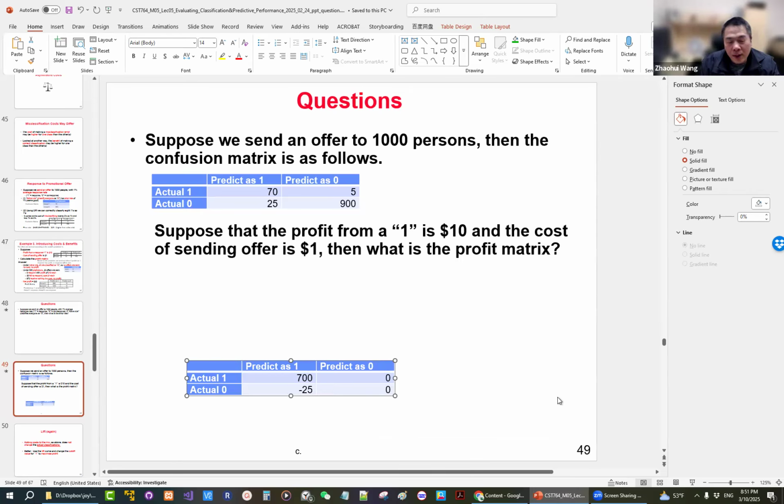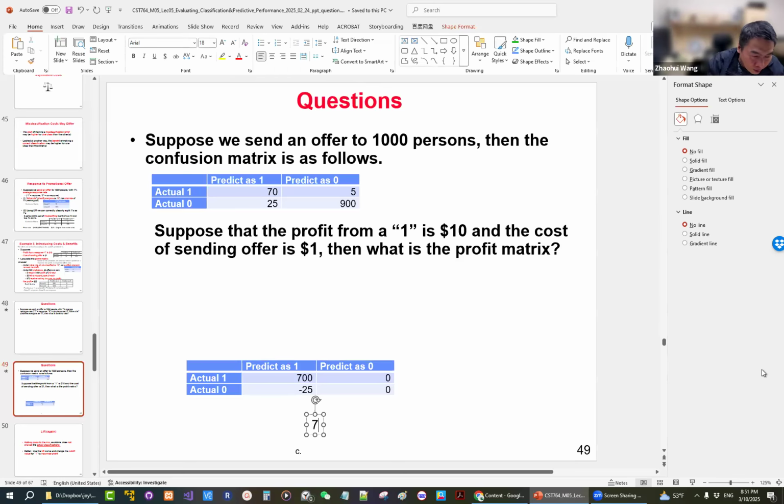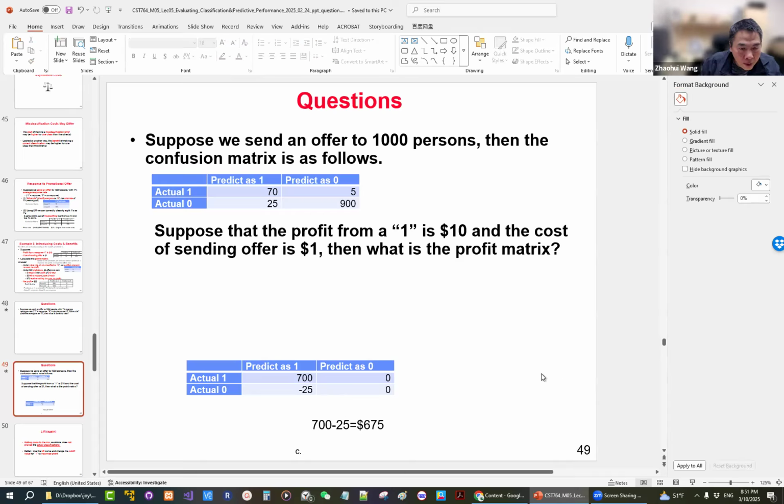Okay, yeah, 675. You're right. So the entry will be 700 minus 25, 675. Yeah, so this profit matrix will be this.